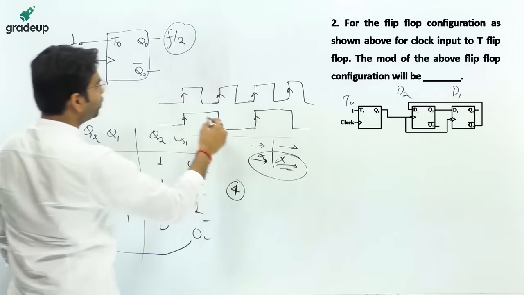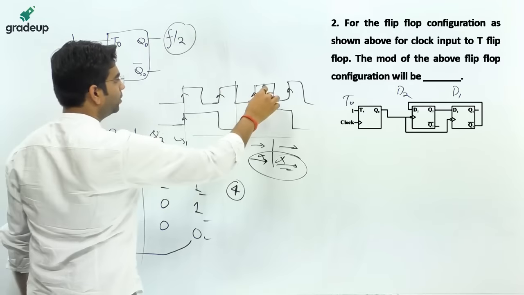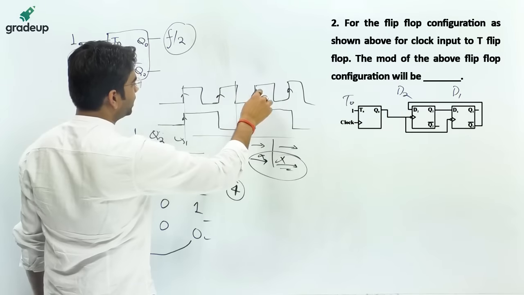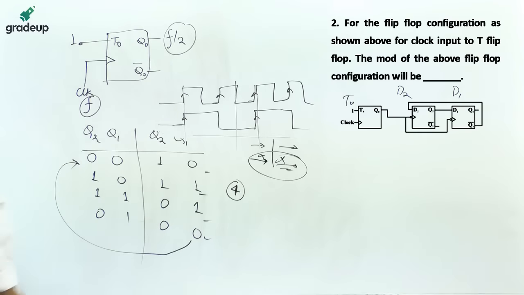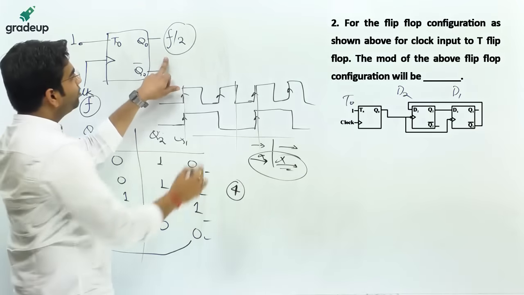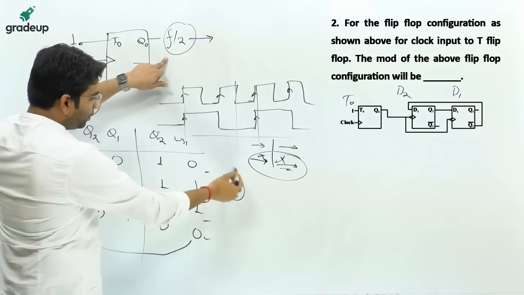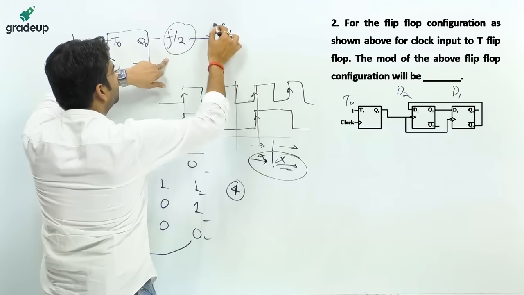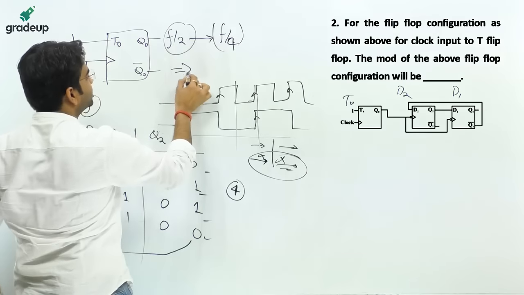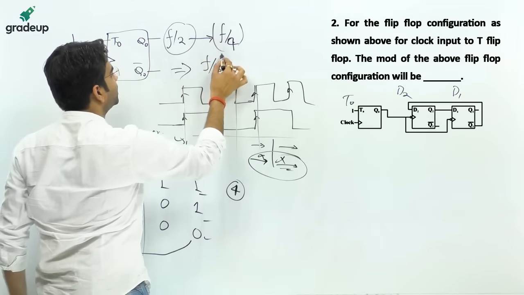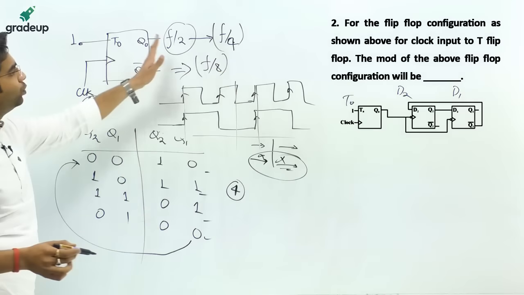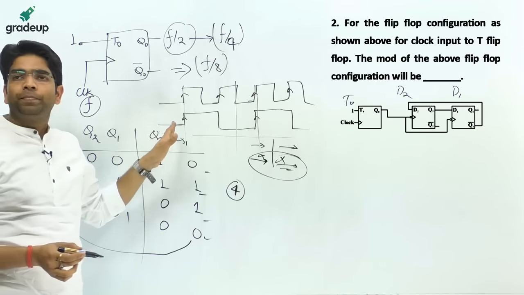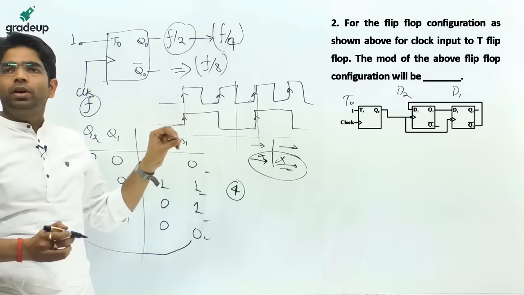So the output frequency will be F by 2. I hope that you are getting it. The output frequency will be F by 2, and here the number of stages is 4, cascaded it is F by 4. So on cascading, F by 8 will be the resultant. F by 2 here at the first stage. Okay, we are not getting clock.